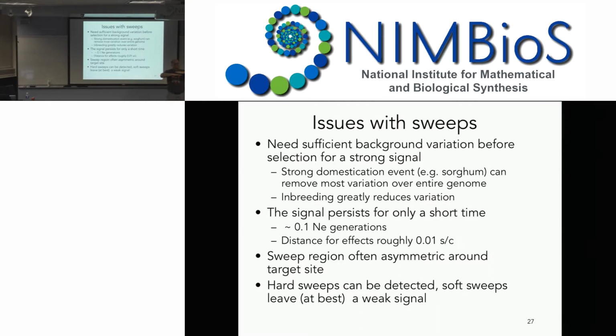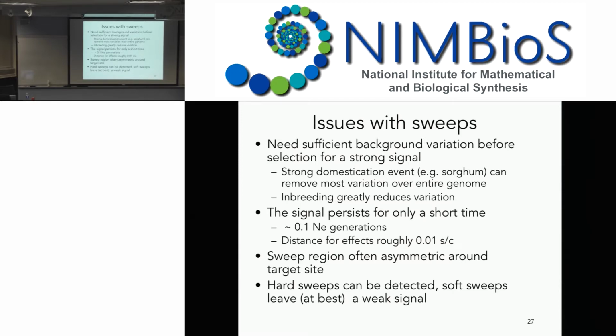In sorghum, with background levels like this, it's much more difficult. In things like the cabbage white butterfly, which probably went through a bottleneck, the background level coming in may actually be rather low, and therefore depressions in that background level would be even harder to detect. So you need sufficient background variation for a strong signal. Likewise, inbreeding reduces that variation as well.